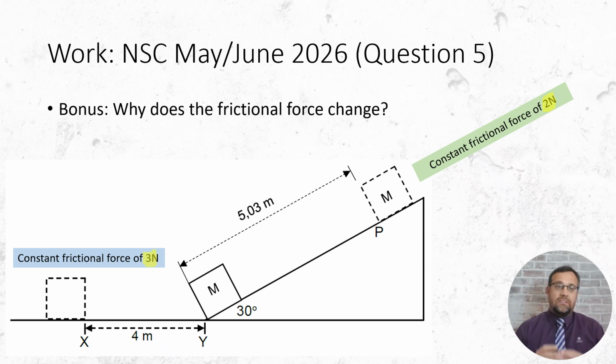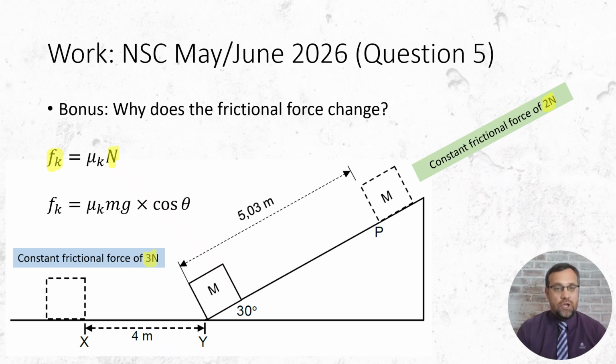Remember that the frictional force is given by this equation. So the frictional force is directly proportional to the normal force. Now we can rewrite the normal force as such, being the product of the mass, gravity, and cos theta.